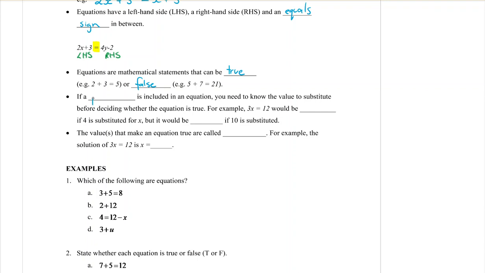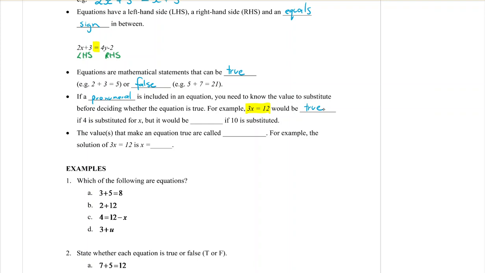If a pronumeral, which is our letters, is included in an equation, you need to know the value to substitute before deciding whether the equation is true or not. So for example, if we had this equation here, 3x equals 12, it would be true if 4 was substituted for the x.